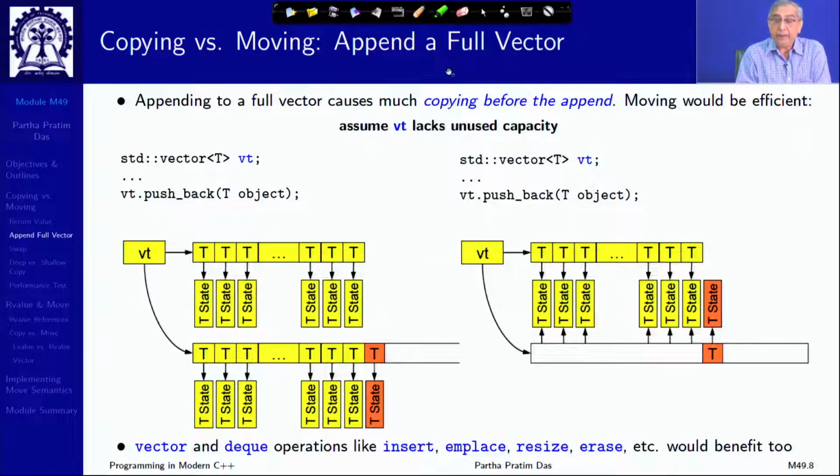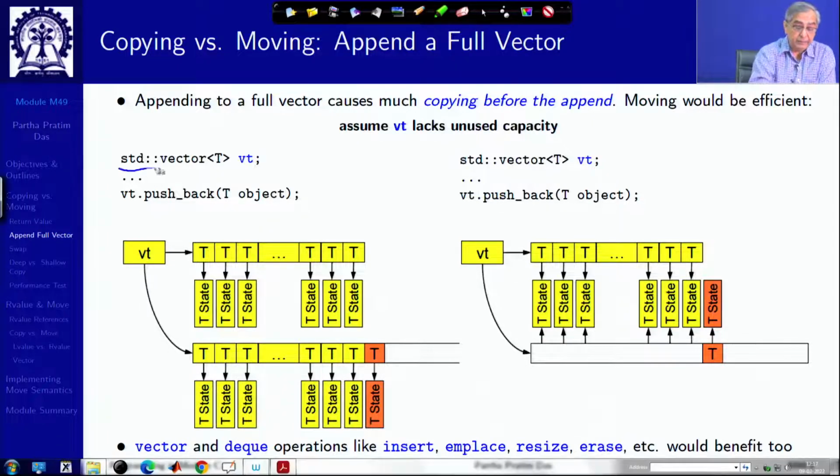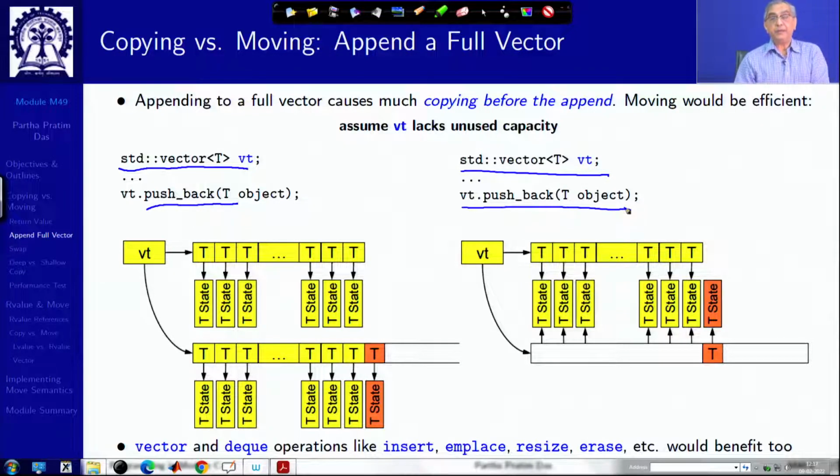Think about appending to a full vector. Suppose I have a vector, and suppose it has become full. What happens if the vector becomes full and I try to do a pushback of some appropriate T object? It will have to create another new space for the vector, copy all the existing elements and then put the pushback element at the end.